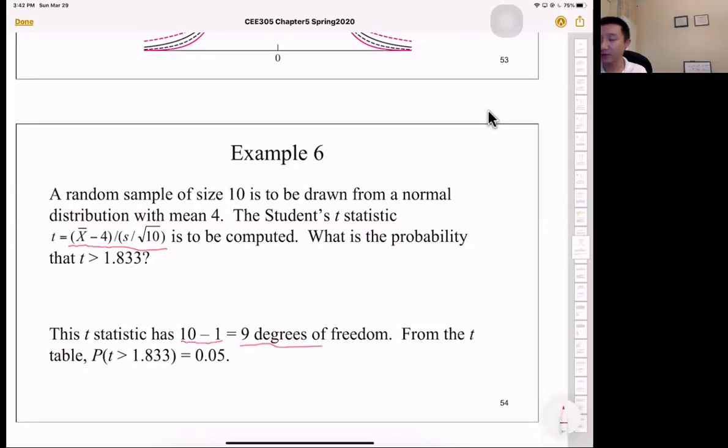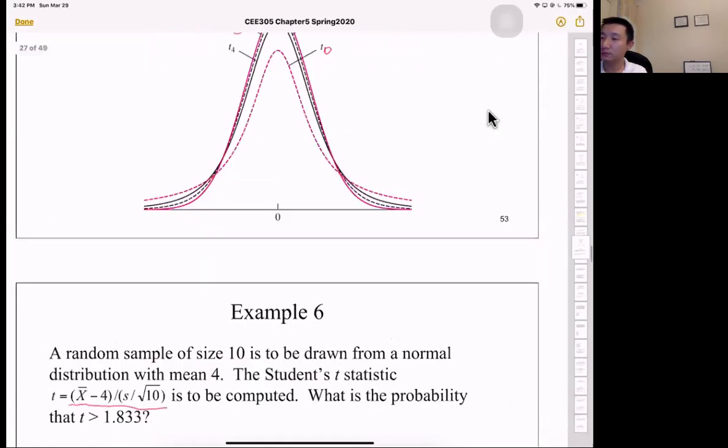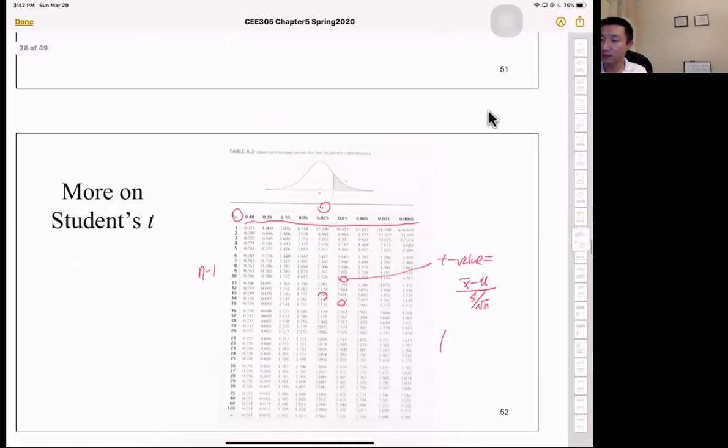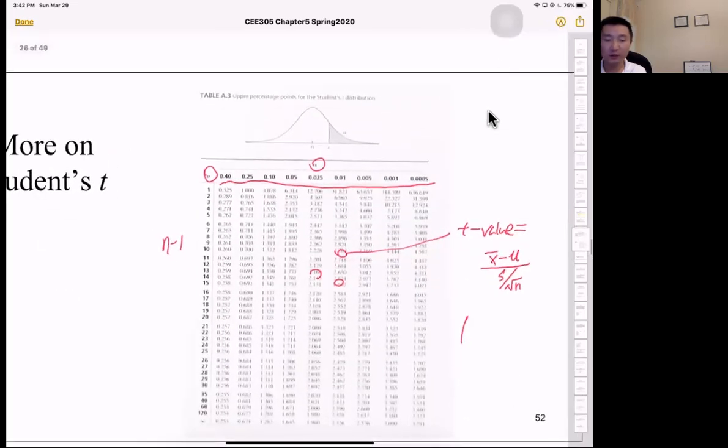Okay, then let's go to the t-table. For the t-table, degree of freedom of 9. Asking what is the probability t-value larger than 1.833.